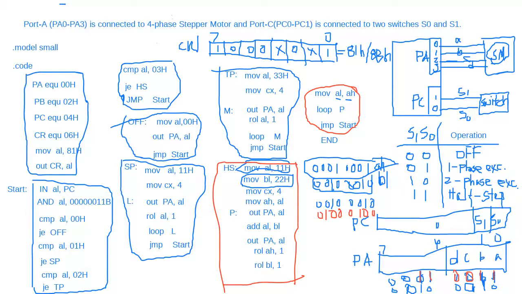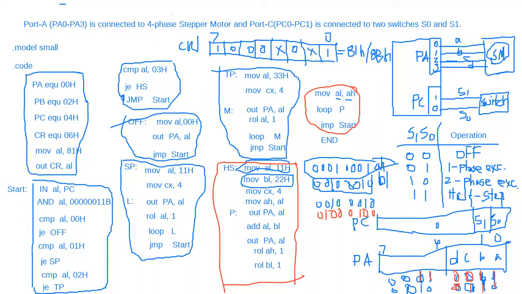Now if you make the 1-bit left rotation, it will become 0 here, 1 here, 1 here, 0 here, and here also same thing happened. So that means now it is B and C on only, B phase and C phase. Then a 1-bit left rotation, it will be C phase and D phase, and 1-bit left rotation, D phase and A phase.